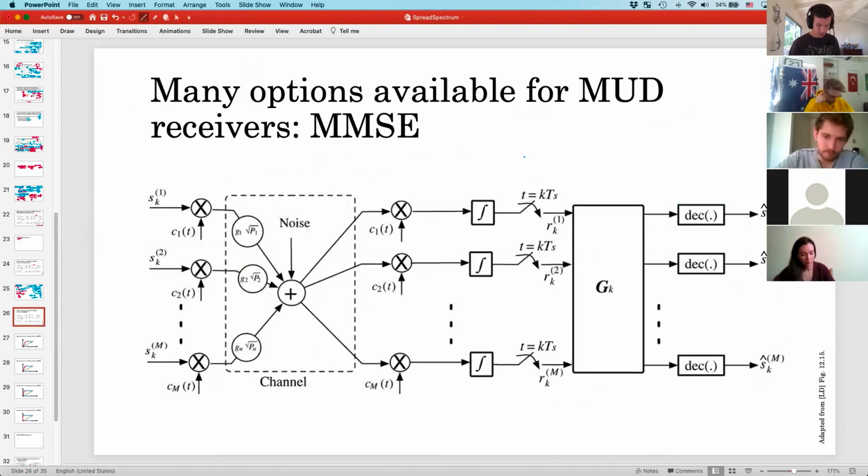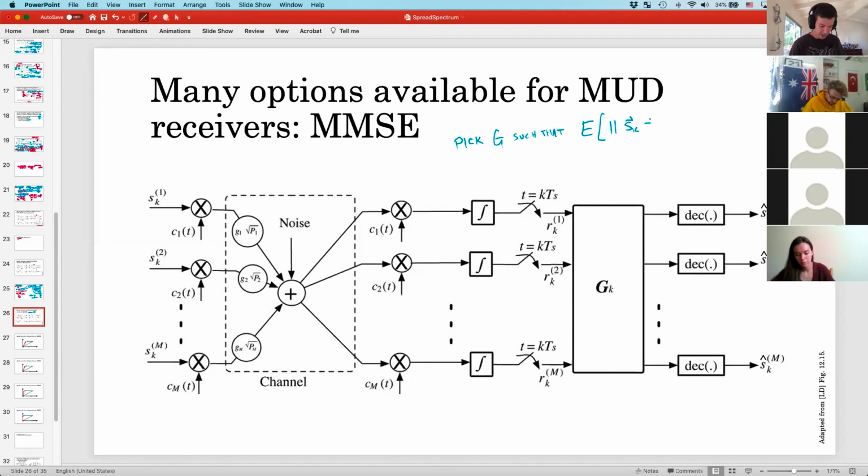We are going to try to pick a matrix G such that the expectation of what was actually sent minus what we guess to be sent is minimized.